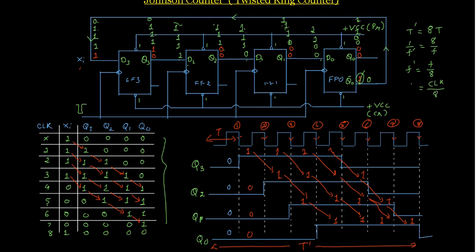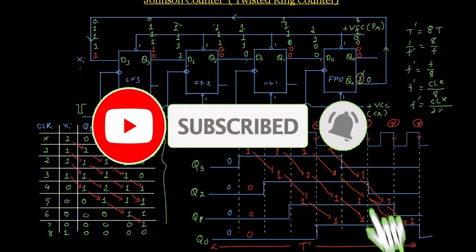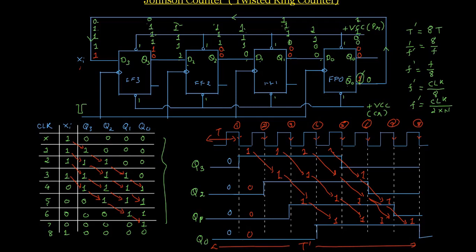In general, the frequency appearing at the final flip-flop is the clock frequency divided by 2n. What is n? That is the number of flip-flops. Here it has 2n states, and therefore this is also known as a counter with 2n count pulses, or a divide by 2n counter.